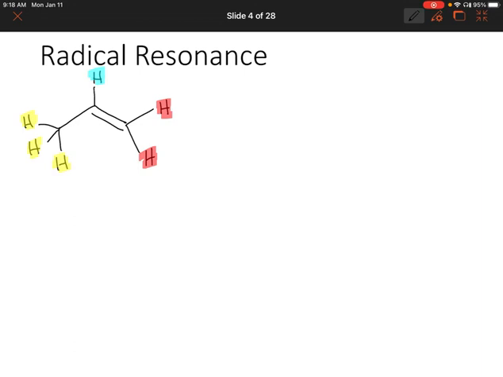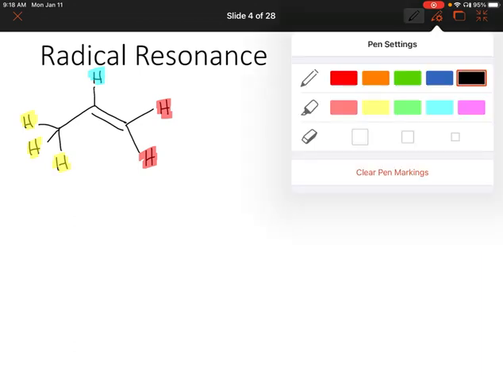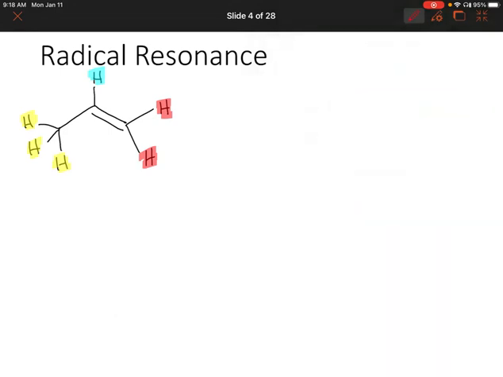Okay, now just as a reminder, the carbons in the double bond here are called vinylic carbons. So any hydrogens that are bonded to them are called vinylic protons.